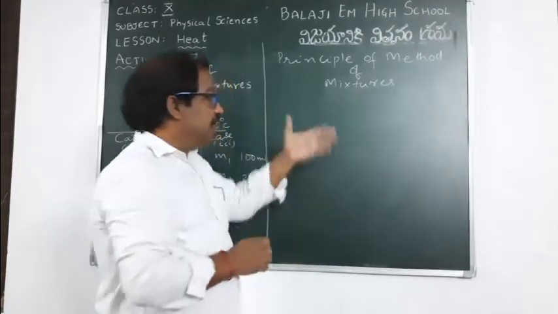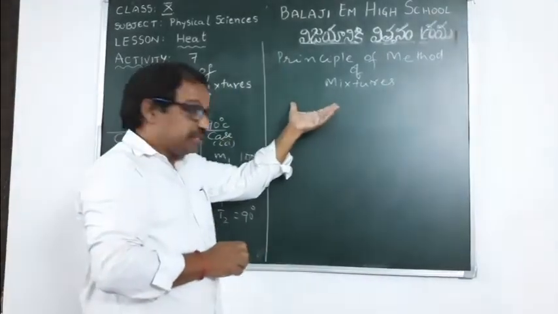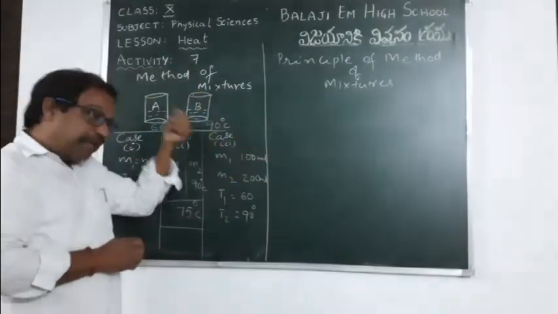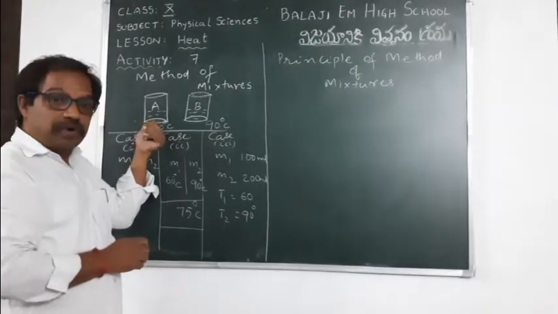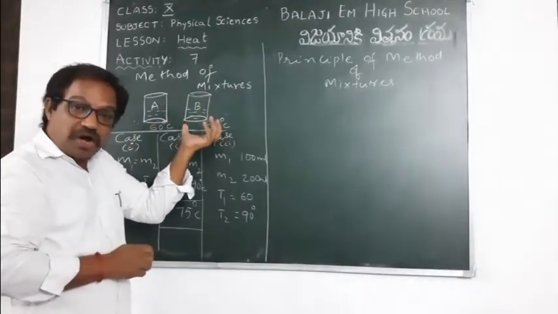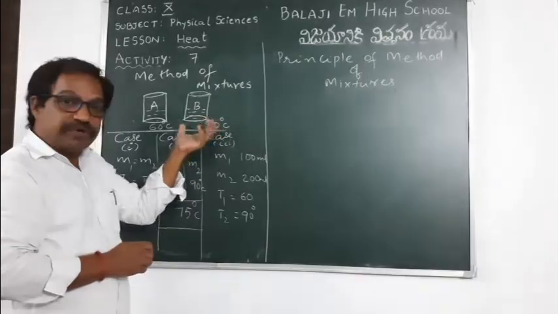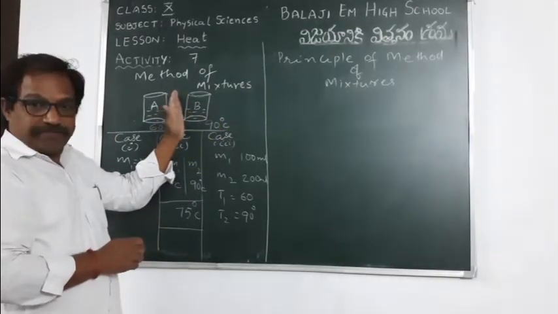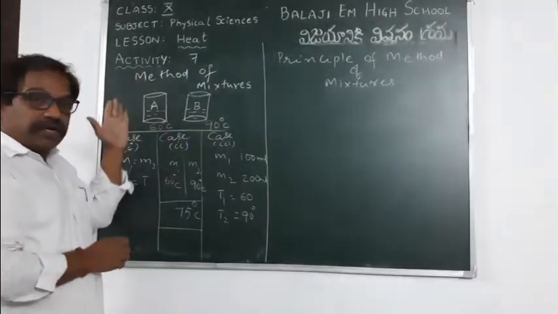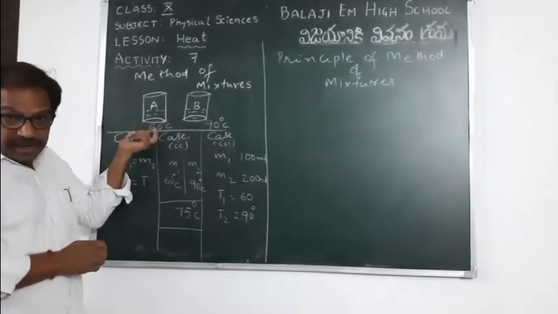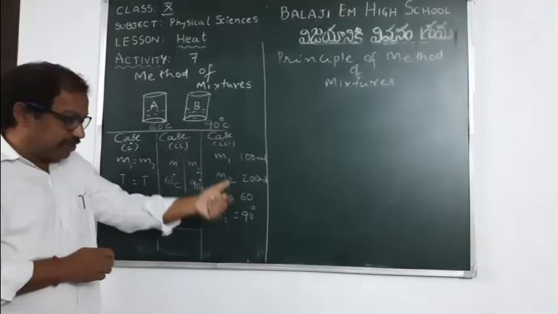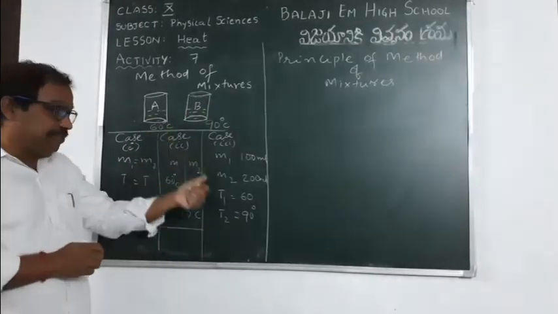So here the heat lost by the hot body must be equal to the heat gained by the colder body. Heat is lost by which body? Beaker B, sorry. And heat is gained by which body? It is gained by beaker A, because B's temperature is more and A's temperature is less.